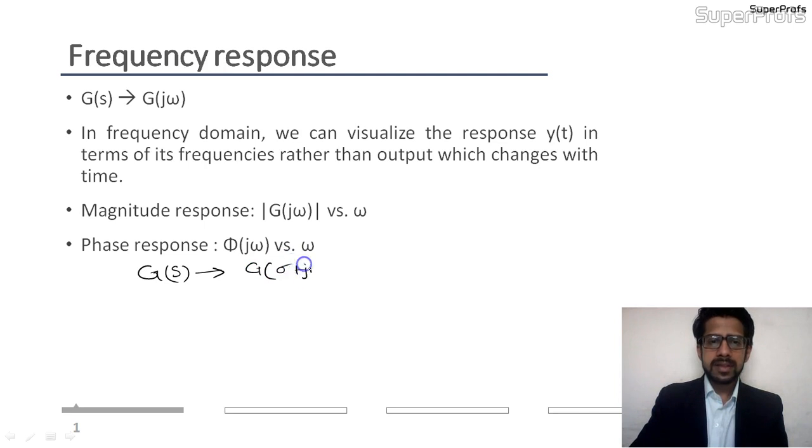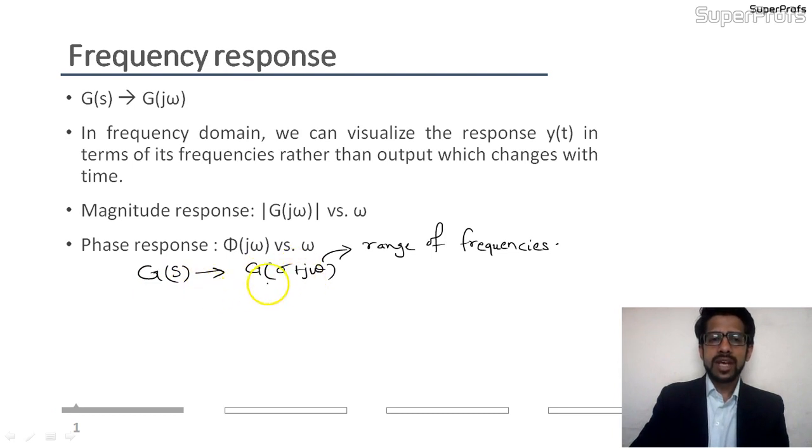sigma plus j omega. Now, this frequency omega is the range of frequencies. Omega being the range of frequencies, we could put many values into this omega and find out the value of G(s).